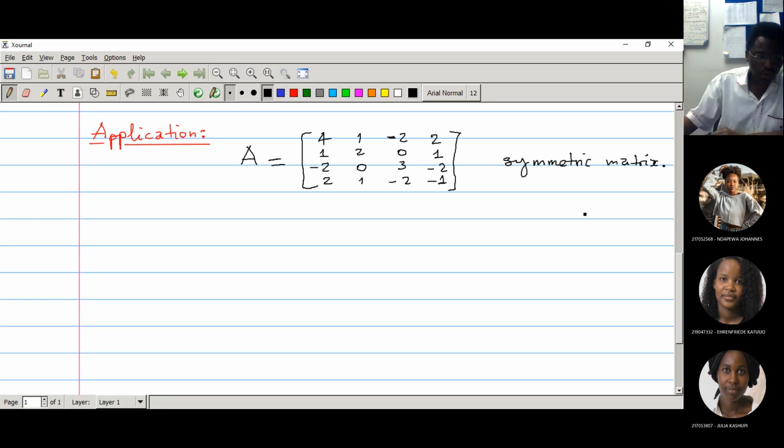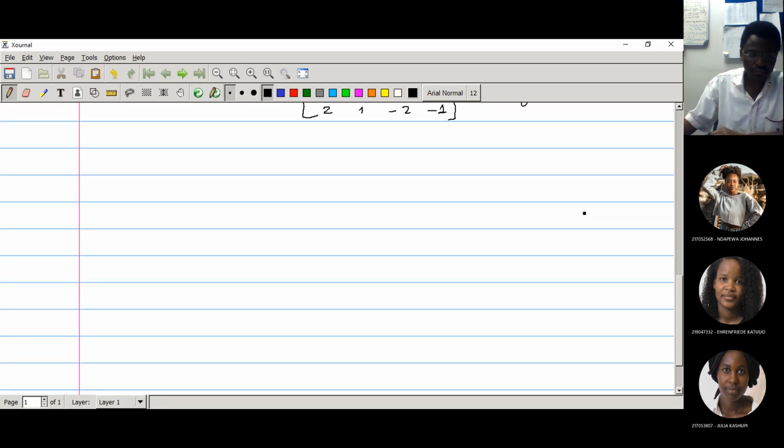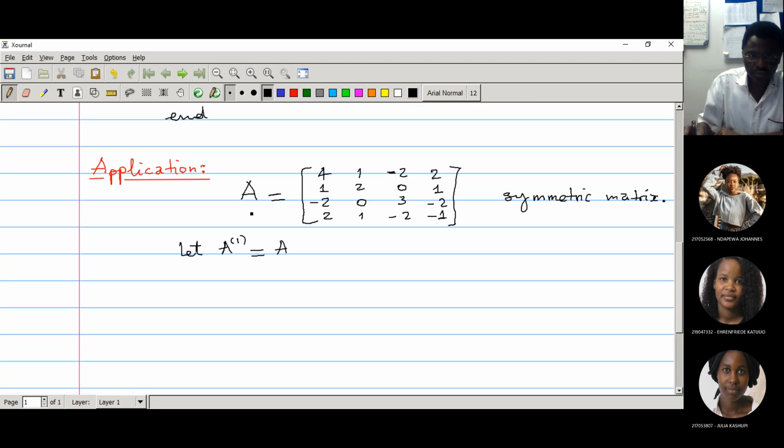Okay, so our A_1 is A, right? A_1 is already A. That's obvious, that's A_1. Now we are going to construct A_2. This is what we want to construct. And in order to construct A_2, we look at the algorithm.